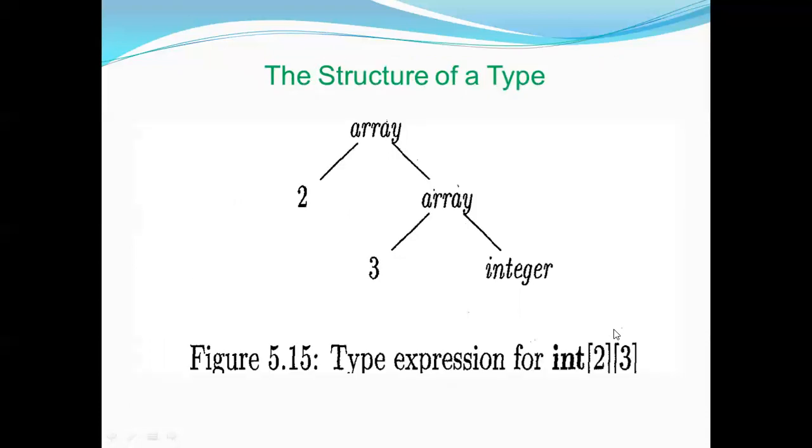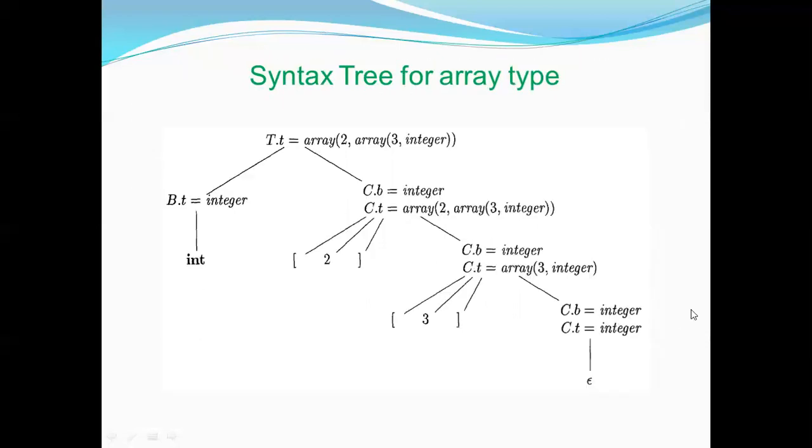Once again, I call the same function in the next level. We got this second value, my C1.t value, which I got from this level, and that will be passed. Once again, this C.t value becomes my synthesized value after executing this rule. So this C.t value becomes my T.t value at the upper level.